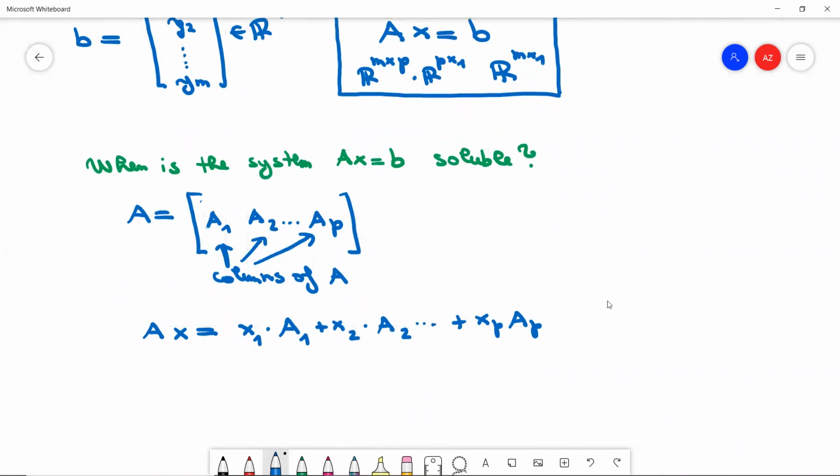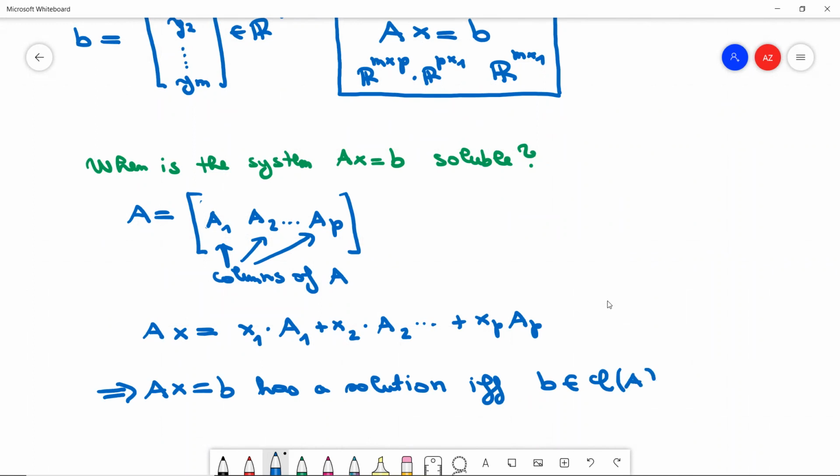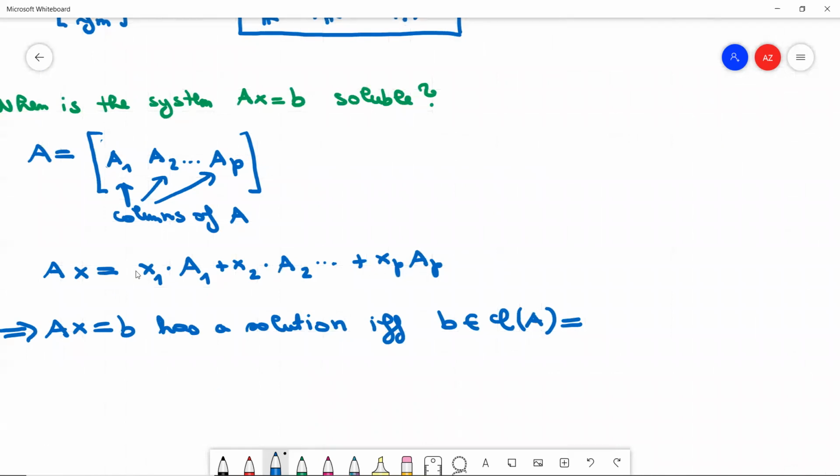So AX = B has a solution if and only if B is of this form, so B belongs to the column space of A. I will write C(A), and C(A) will stand for all vectors of this form: x1 a1 plus so on plus xp ap.